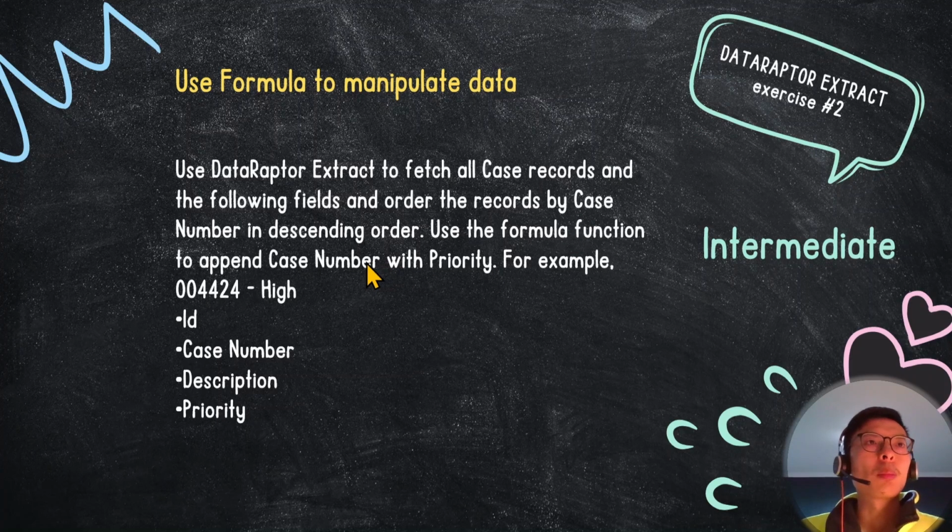So in this example, we will be using DataRaptor Extract to fetch all the case records and the following fields, and order the records by case number in descending order. Use the formula function to append case number with priority. So for example, if the case number is 004424, we want to append this with the priority, which in this case is high.